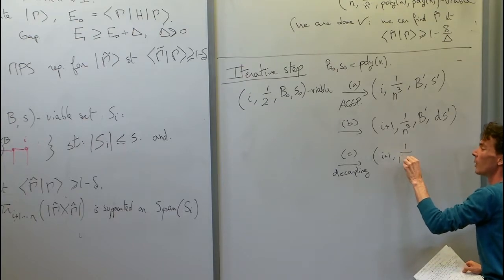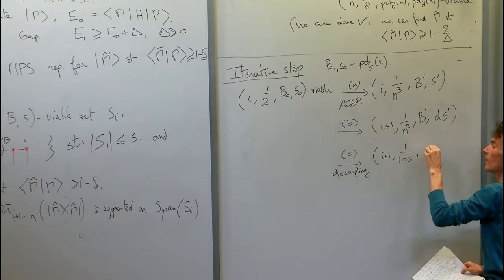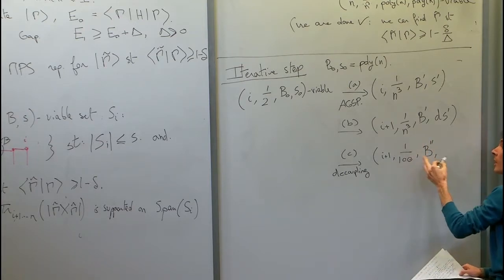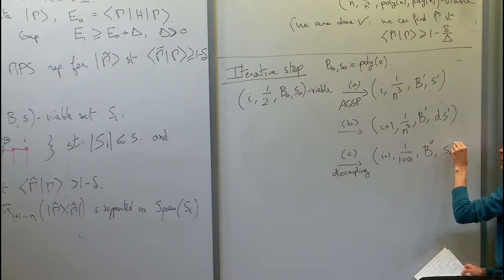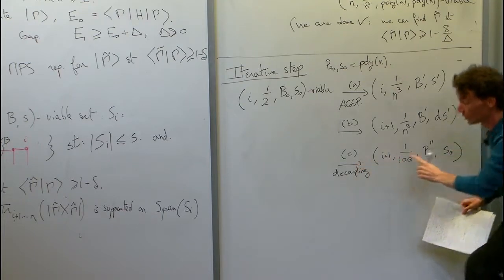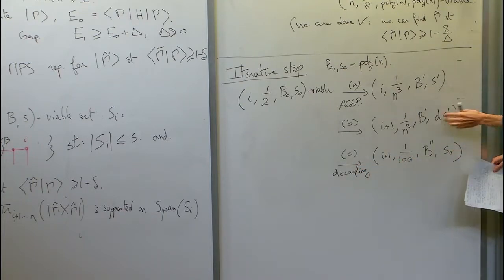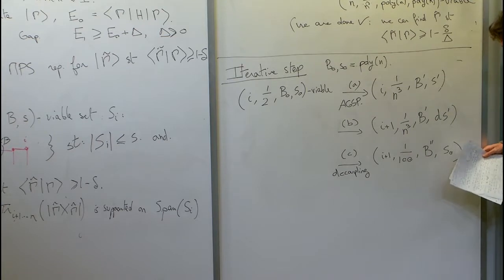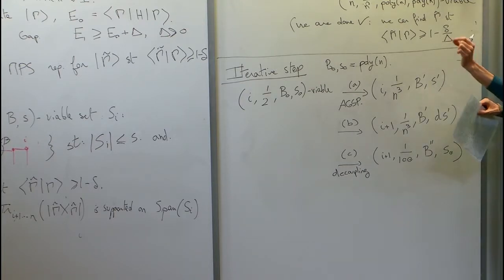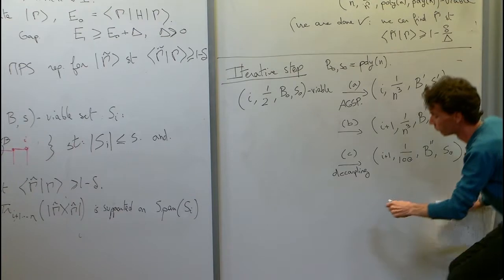So it'll bring it back up to some large constant. These bond dimensions will go up even some more, but the size will go down to the original size. So that's what this step is doing. I had a big set that contained a very good approximation, but I have a way to set things on fire and reduce the size by a lot to something of constant size. I'll say more about it later.